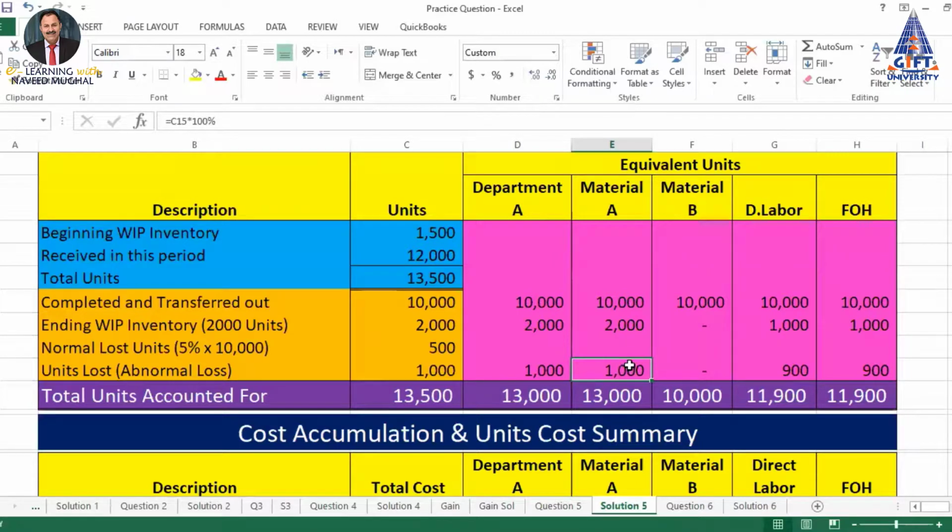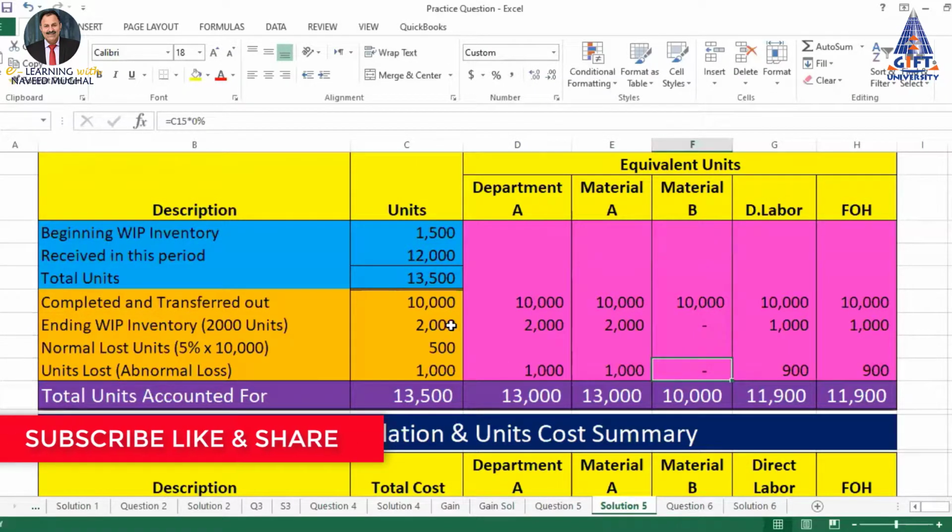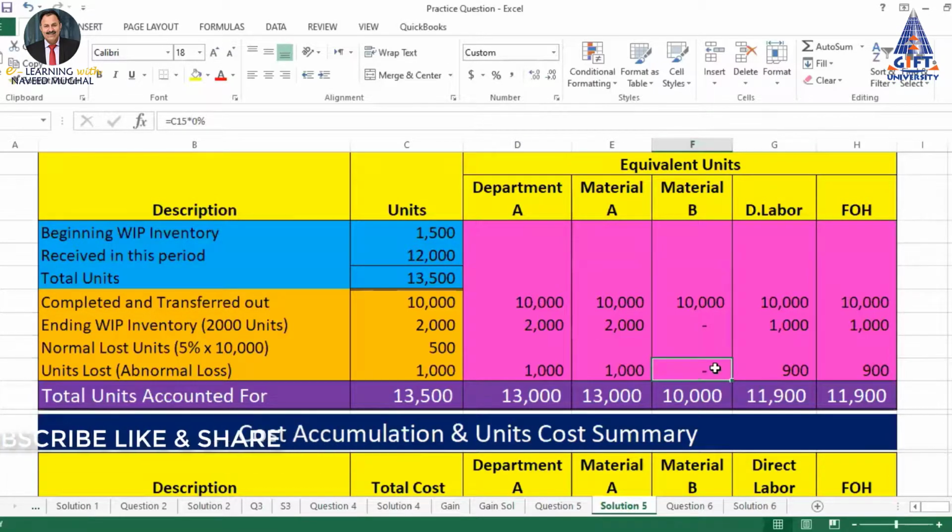So 1000 multiplied by 100% is 1000. Material B was not added to those units because they were lost. Material B was added only to good units which were 90% and above completed. So that is 0%. Direct labor was applied 90% on these units. This might be taken as 100% as well, because 90% is almost the 100% stage.